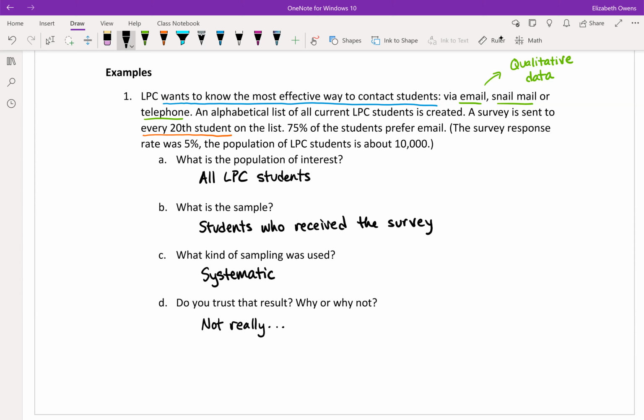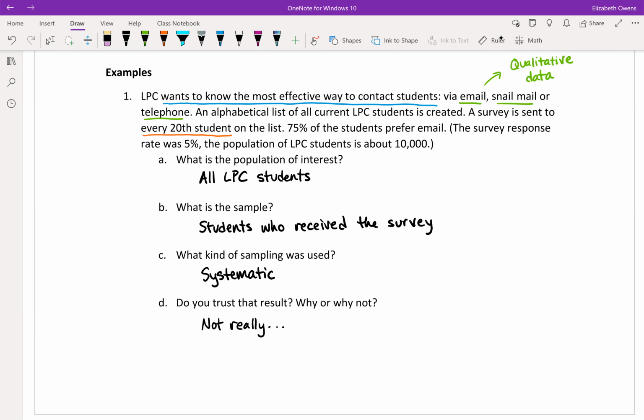I mean, intuitively, this kind of sounds right to me. Students preferring email, I think that is generally the most common way to communicate these days. But as far as the way this study was conducted, I wouldn't really trust that result.